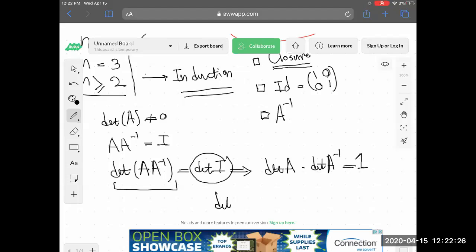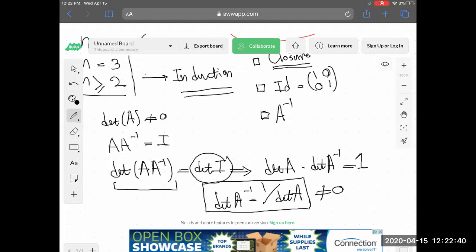So determinant of A inverse is 1 over determinant of A. And if determinant of A is non-zero, 1 over that is still non-zero. So if A is in G, A inverse is also in G. Therefore, it's a group.